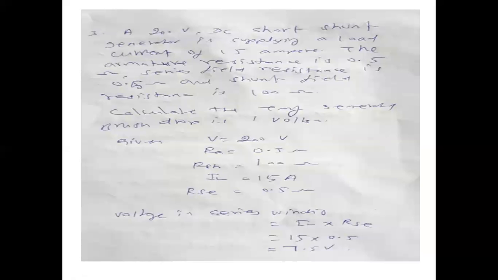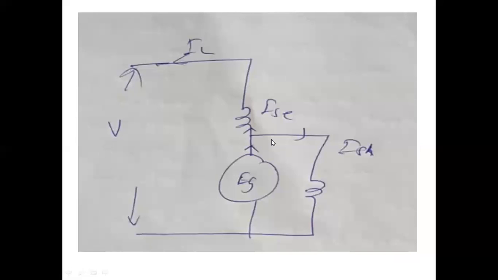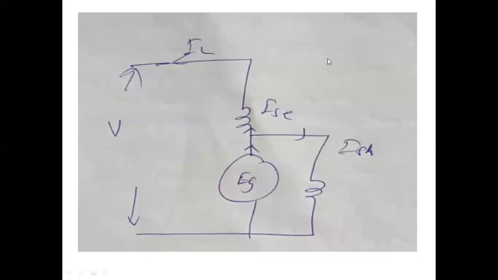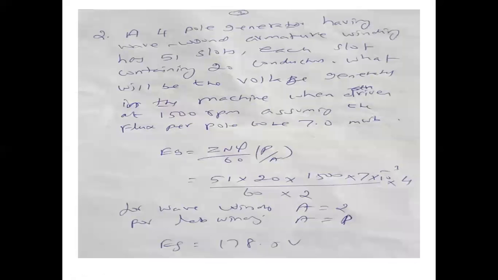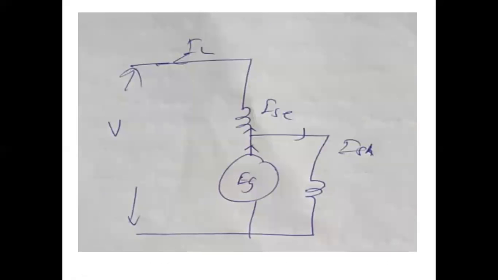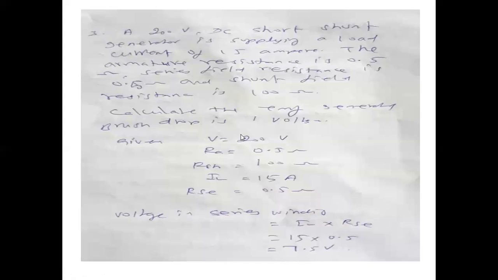Shunt field current is not given, but you can calculate it because the shunt field resistance is given and the total voltage across the machine is also given. Total voltage across here is what you have calculated.